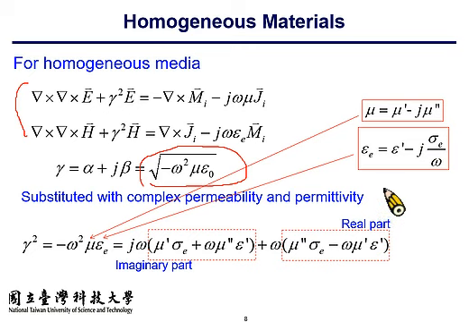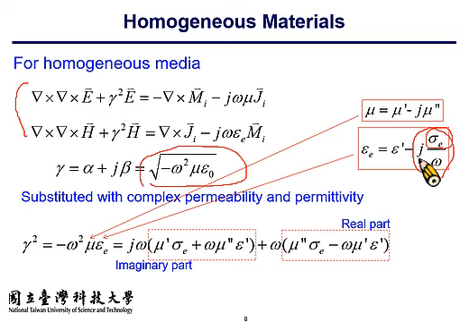So let's review this definition again. Which part is related to attenuation, to power dissipation? This part. So the imaginary part of the permittivity is related to power dissipation because it contains the conductivity of the material.